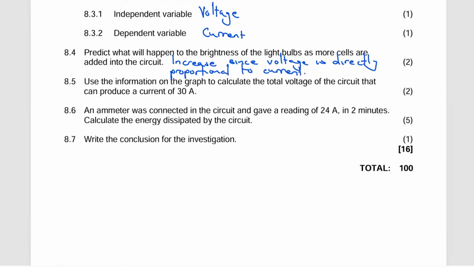Then the 8.5 says use the information on the graph to calculate the total voltage of the circuit at 30 amps. So what we're looking for there is to calculate the total voltage at 30 amps.